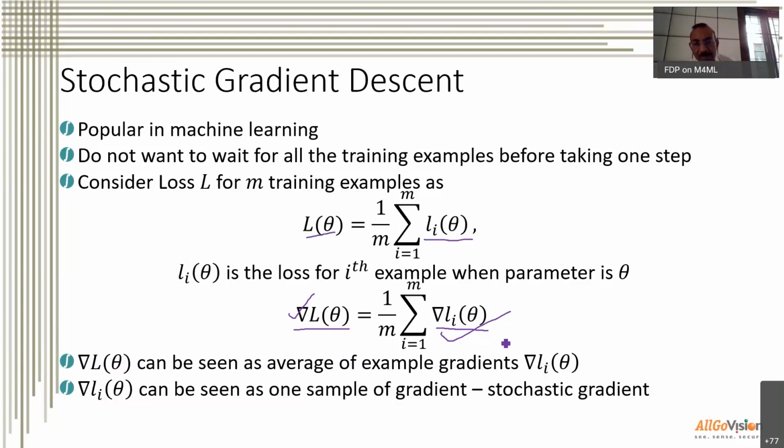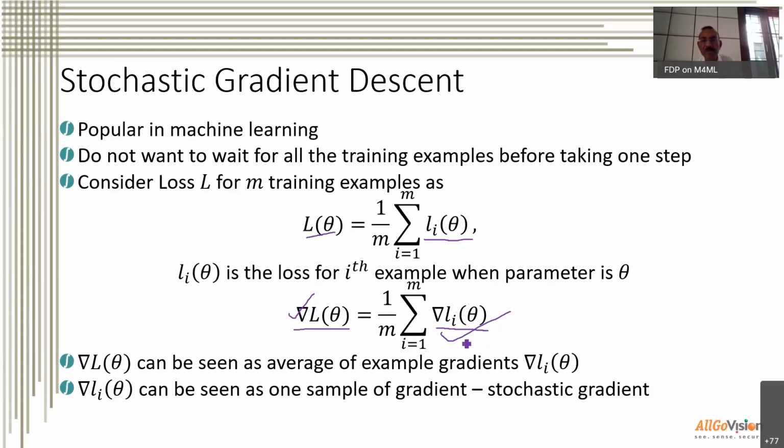Now I can treat each of these del Li theta as some kind of random gradients, and mean of these random gradients is my actual gradient, right?